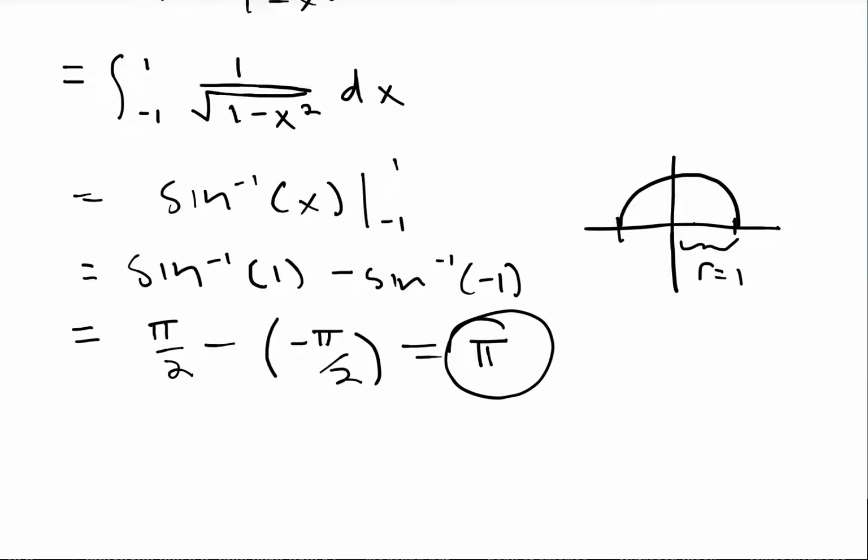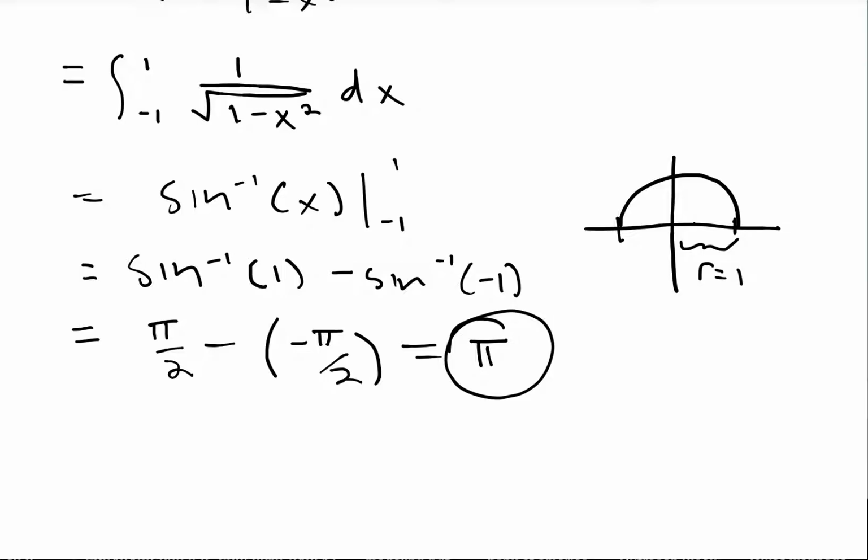If I know my general circumference formula, I want half of the circumference of a radius 1 circle. So instead of 2 pi r for full circumference, I want half of that, which is pi r. In this case, my radius is 1.